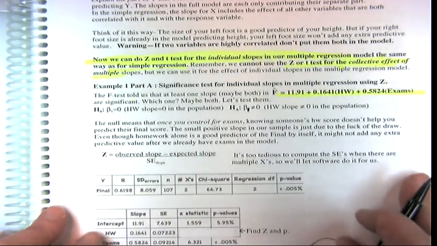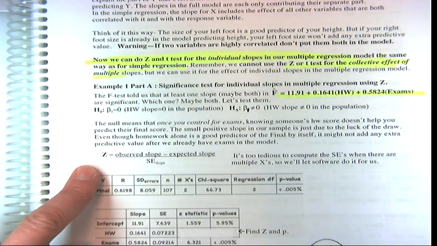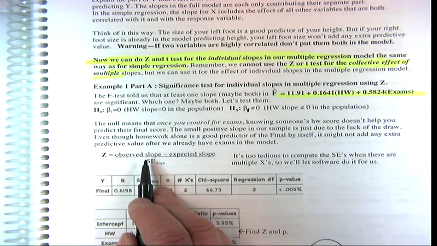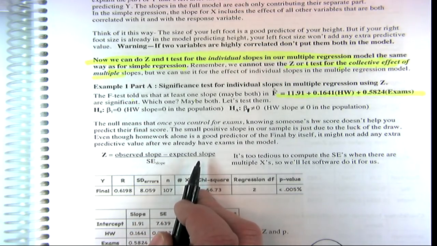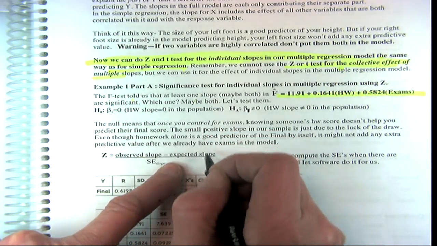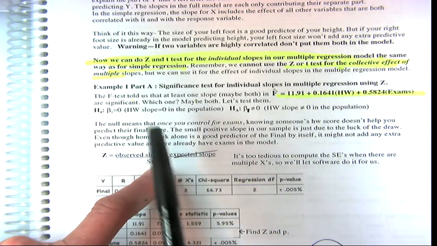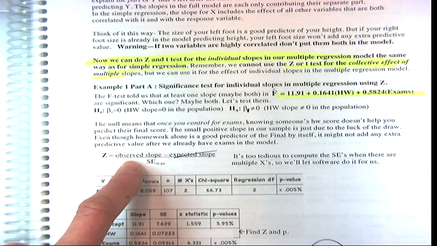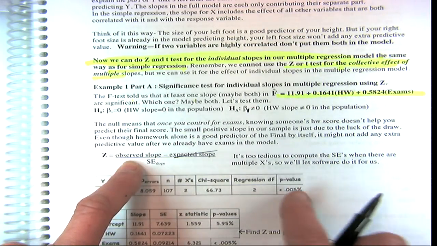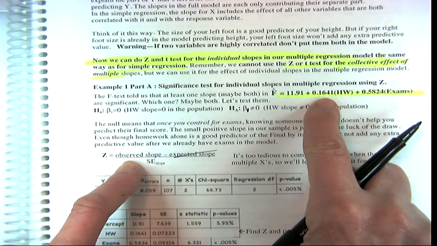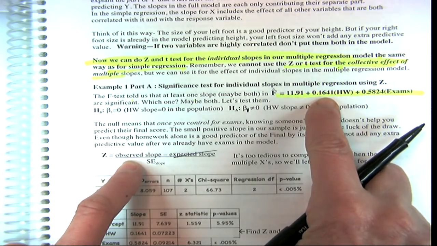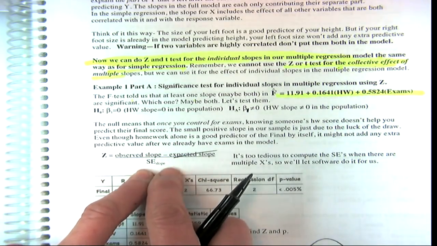So it's super easy. This is what we always do. How do we do a z-test? We take the observed slope minus the expected slope under the null, which is 0, so we can just get rid of it. That's what our null says. So it's the observed slope in our sample over the standard error for the slope.